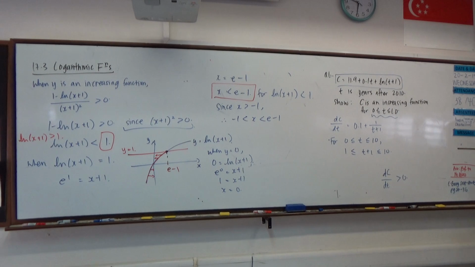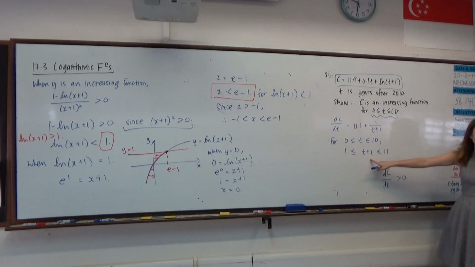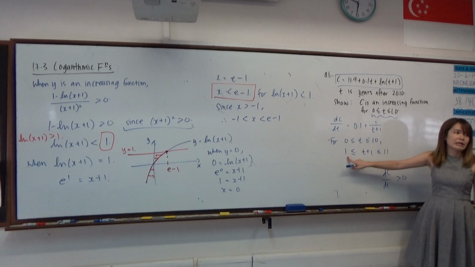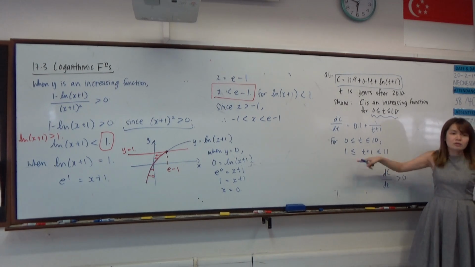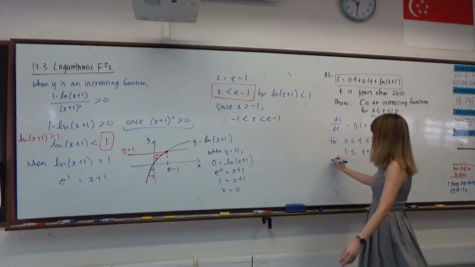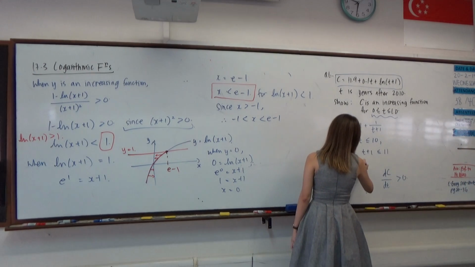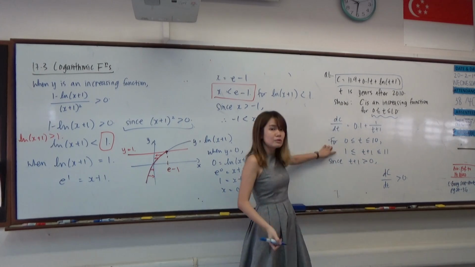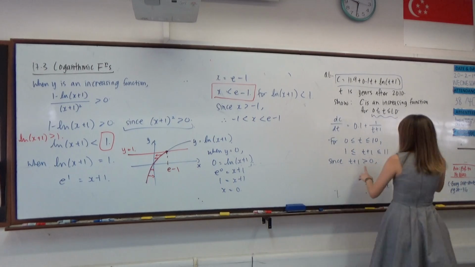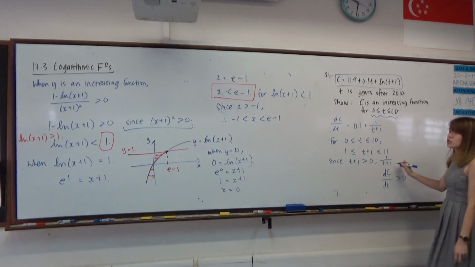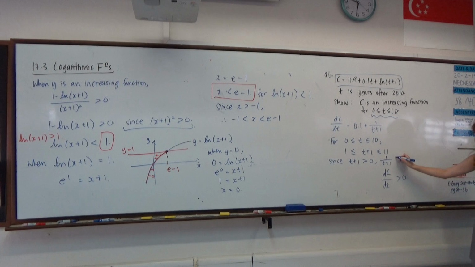You can consider the reciprocal, but you can clearly tell that t plus 1 is greater than 1 already, but less than 11. Regardless, it is greater than 1, which also means it is going to be positive. So since t plus 1 is more than 0 due to your statement over here, you can tell that it's going to be positive. 1 over t plus 1, surely it makes logical sense that this is going to be more than 0 as well.